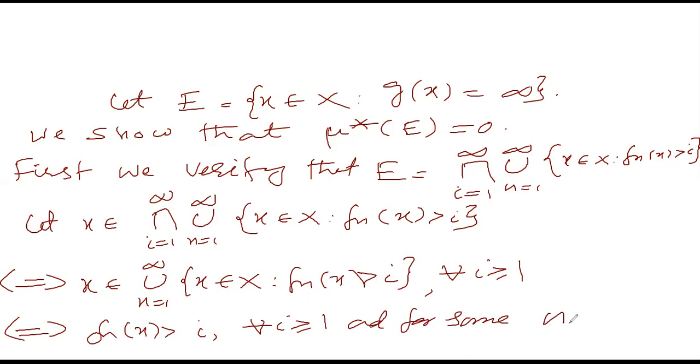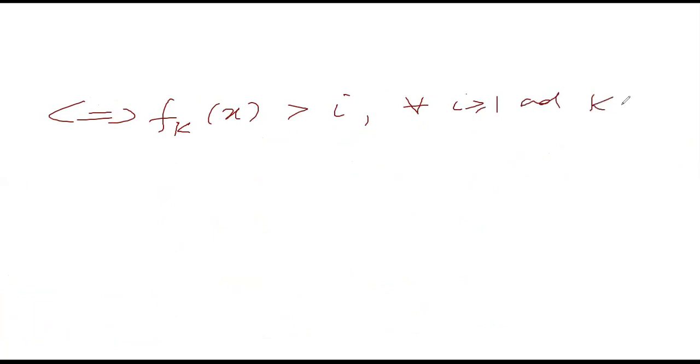So this means the limit of f_n must be infinite, which is true if and only if f_k(x) is greater than I for all I greater or equal to 1, and k greater or equal to n. Because f_n is greater than I, so f_k must be greater than I for k greater or equal to n, because f_n is a monotonic increasing sequence.